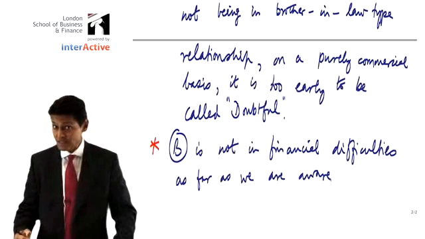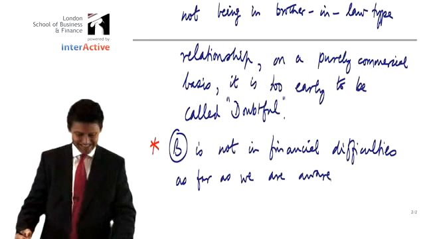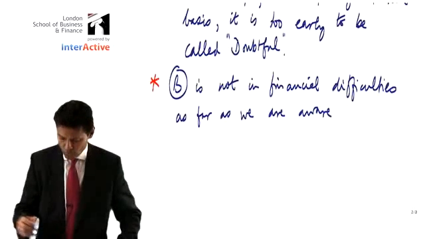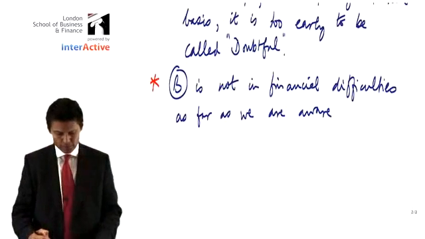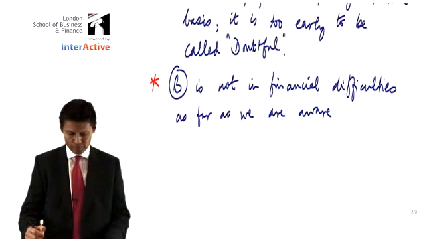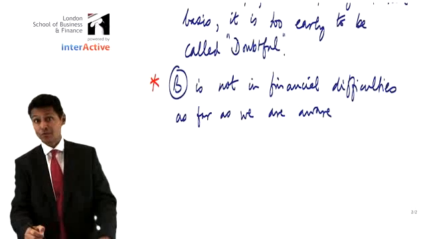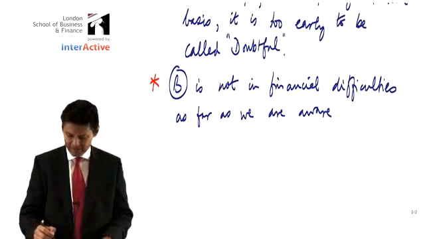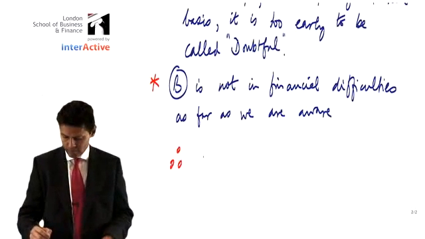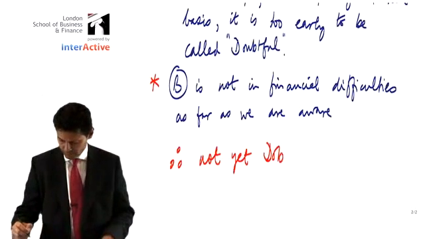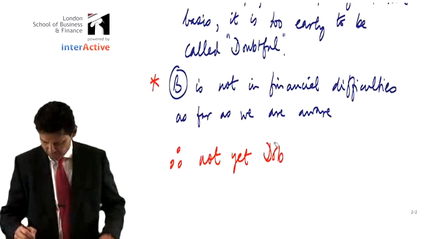Though he may be in romantic difficulties. So all in all, one could come to the conclusion, I suppose, it's too early to be called doubtful. Wait until the next 2 weeks have passed and then reassess. So I'm going to write that in. Therefore, not yet doubtful.